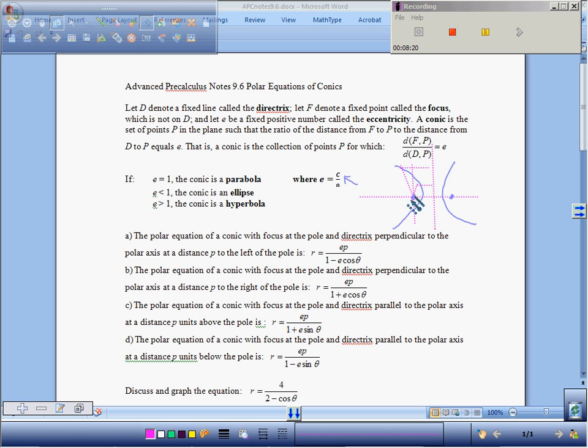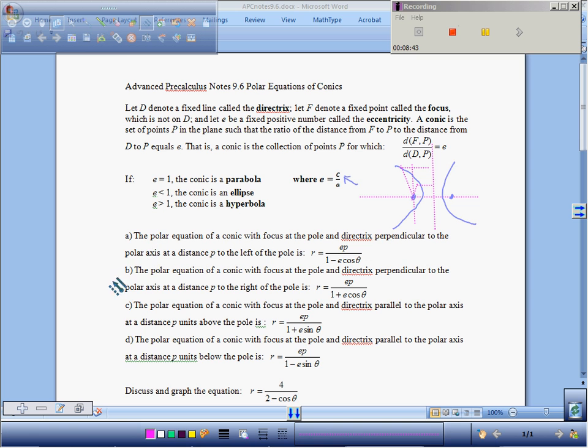And to find out what that eccentricity is, you could take C over A. If you remember with a hyperbola, A is the distance from the vertex to the center, and C is the distance from the focus to the center. If you take C over A, you will get exactly what that eccentricity is. Okay?